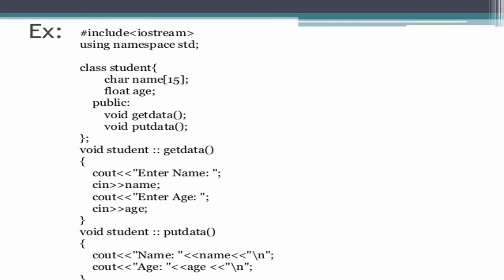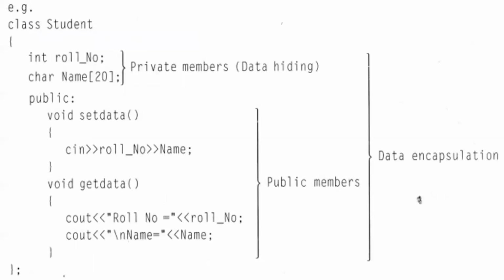Now this is an example where both my member functions are defined outside the class. Here the member functions are inside the class. Under public, I am writing down the name of the function and giving the definition, writing the function body inside the class. This is the termination of the class.